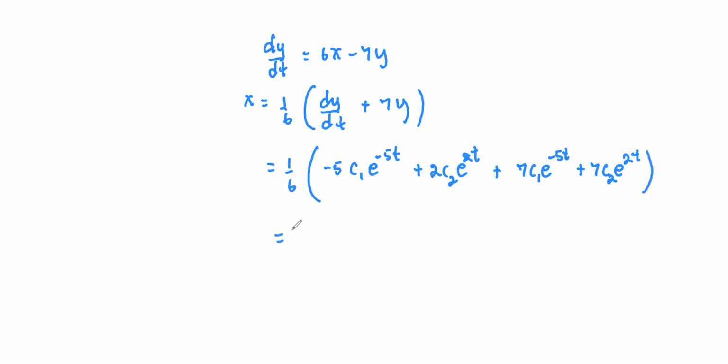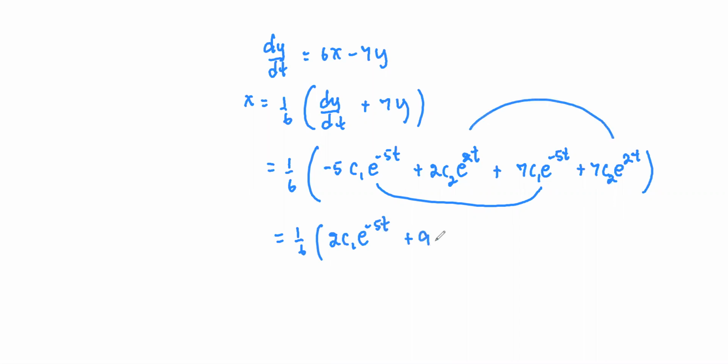Combine like terms. For the exponential e to the negative 5t, we get 2c1 e to the negative 5t. And for the exponential e to the 2t, we get 9c2 e to the 2t. Multiply all by 1/6 to get 1/3 c1 e to the negative 5t plus 3/2 c2 e to the 2t for the x solution.